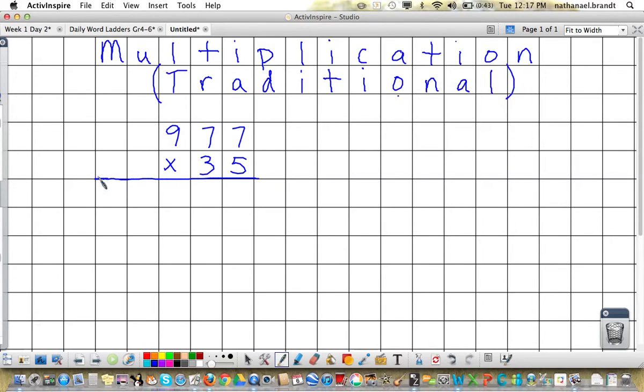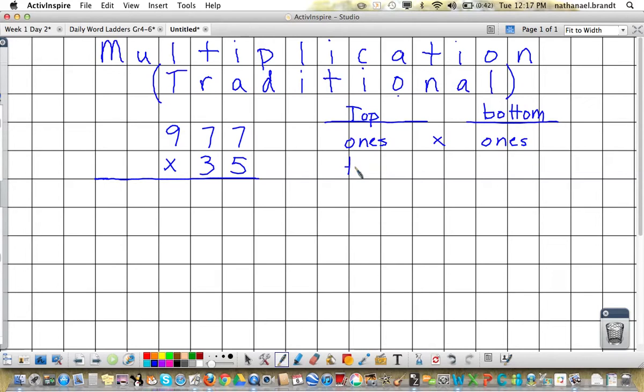So before I go through, I'm going to talk about a couple things here. When you're multiplying, again, it's top to bottom, right to left. So we always start from the top number and then the bottom number. So from the top number, we take the ones place times the ones place in the bottom number.